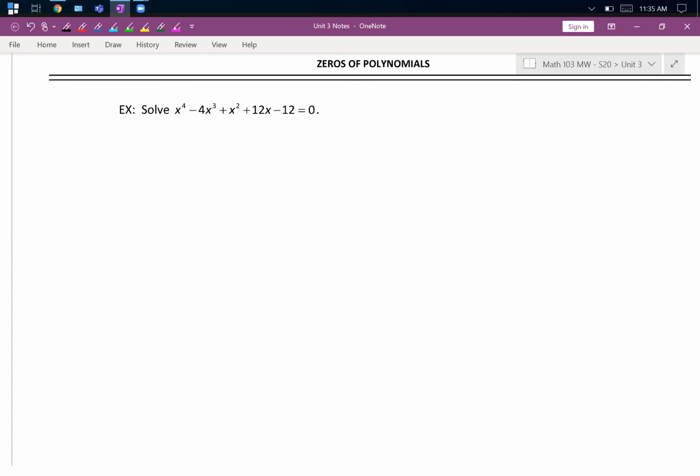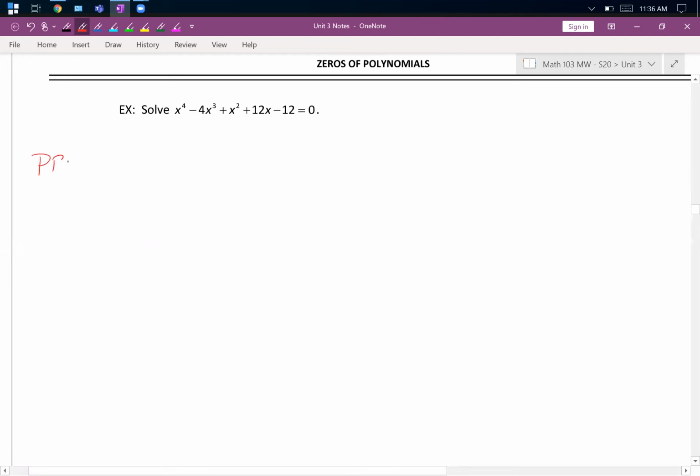We do need to list out some possible rational zeros to get us started, but I wouldn't necessarily write them all out. Now here, we're working with the constant of 12 and a leading coefficient of 1. There's not going to be very many numbers, so I probably would list them all out, but we're going to see some applications later where there are huge amounts of numbers and there's no reason to list them all.